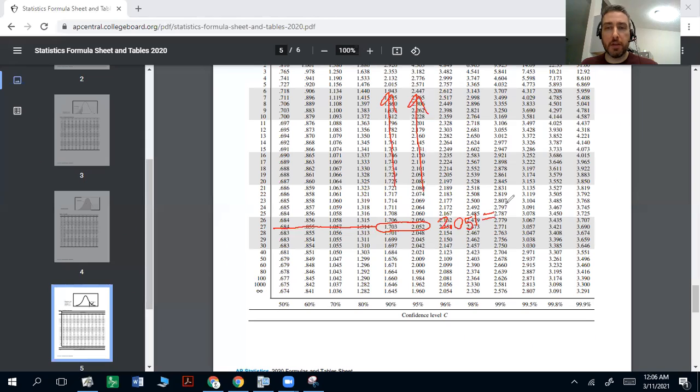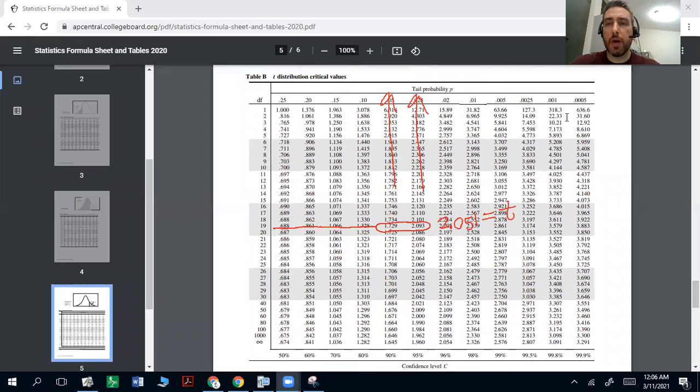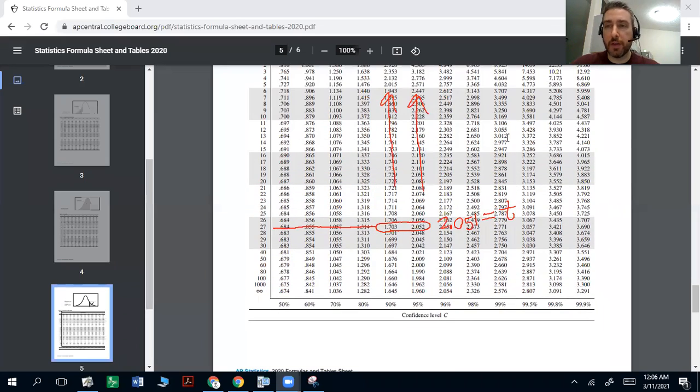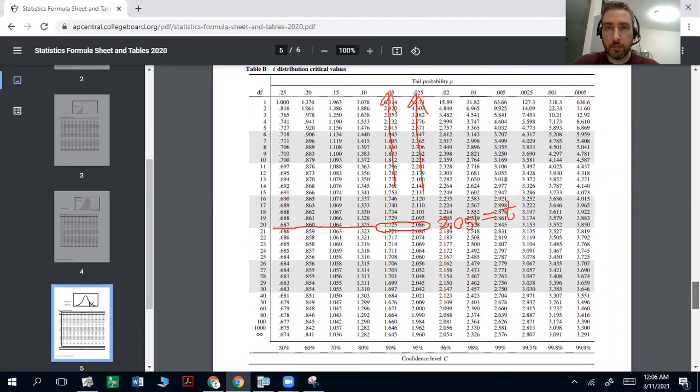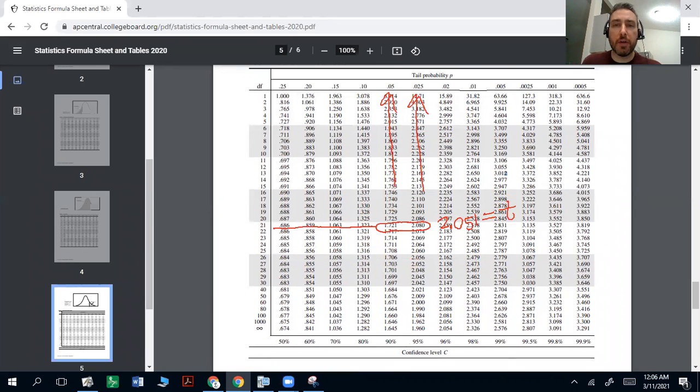So remember, this is your t. Watch what happens. We get a probability in the tails, and you get a probability in the tails that is between 0.05 and 0.025.